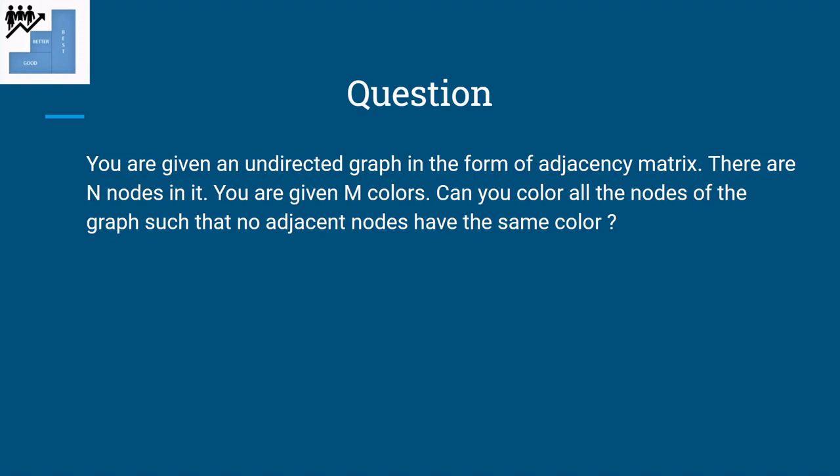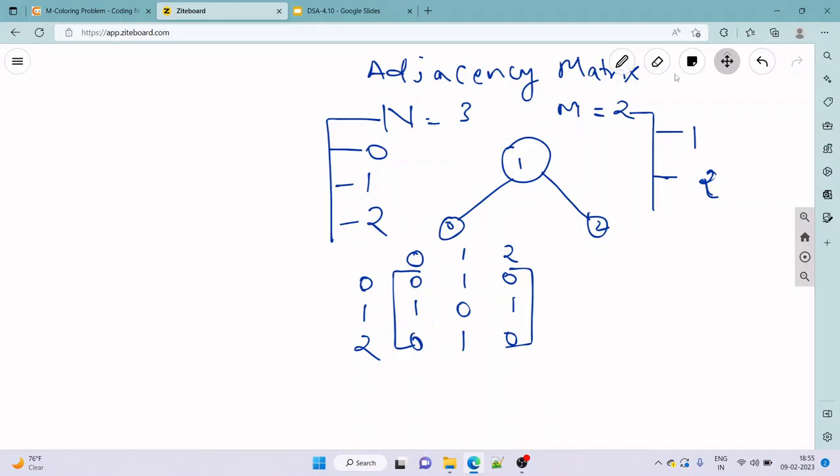Let's go to the whiteboard. Firstly, understand what is adjacency matrix. If you are given a graph like this, so you have three nodes 0, 1, 2, and the graph is like this. We see that 0 is connected with 1, 1 is connected with 0, and 2 is connected with 1.